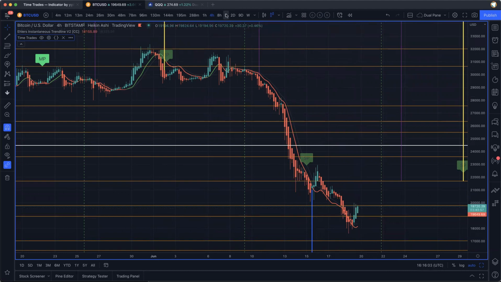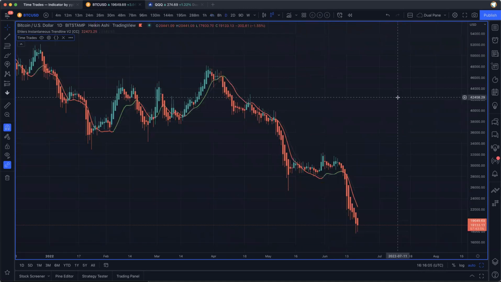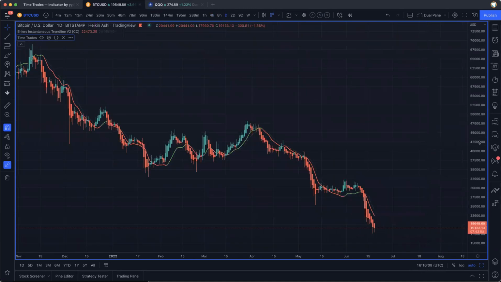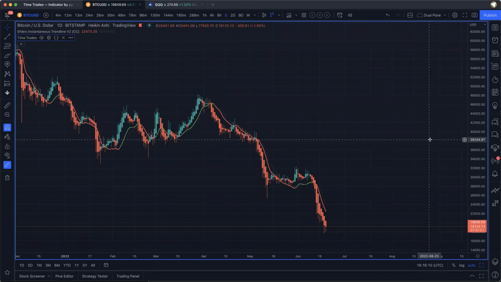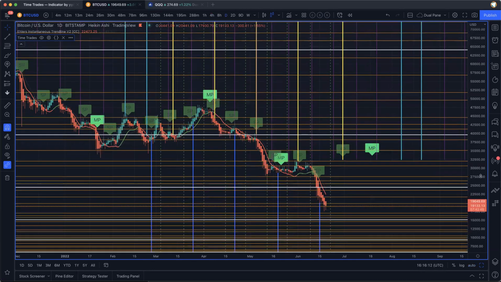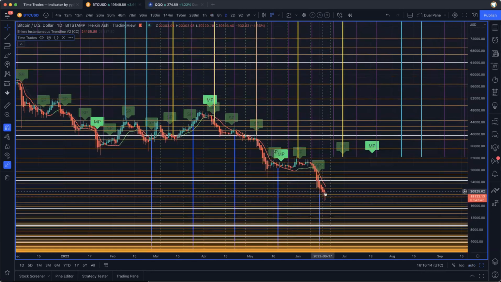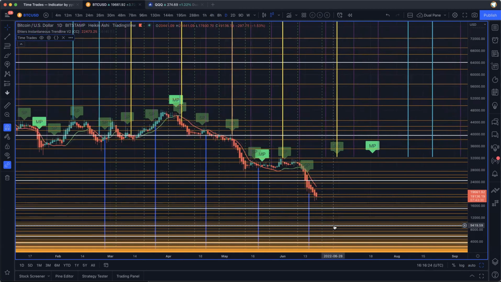If we zoom out to the day, though, the price action is really quite bearish still, of course, for crypto. And we can see the major white magic levels at 15,000 and even at 9,000. So it's important to be open-minded to the possibility that this could indeed keep going down.